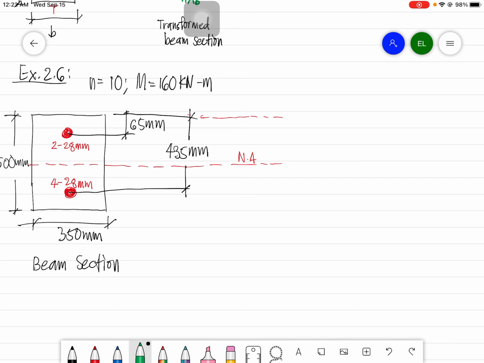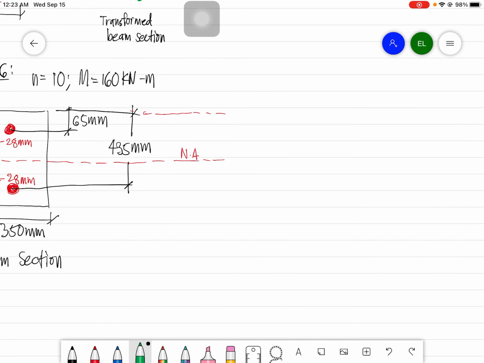Okay, so this is now the remaining concrete. Then also the compression steel bar.